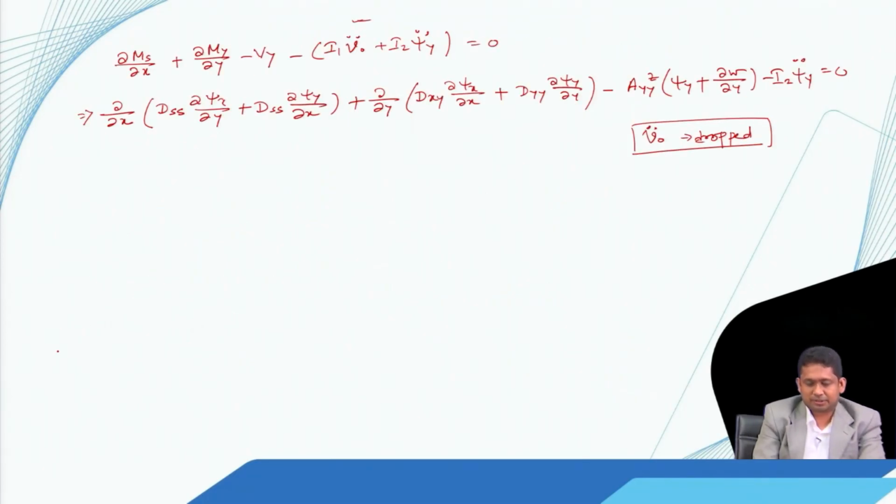Now, we have to look at the boundary conditions. So, since it is symmetric, it is simply supported.